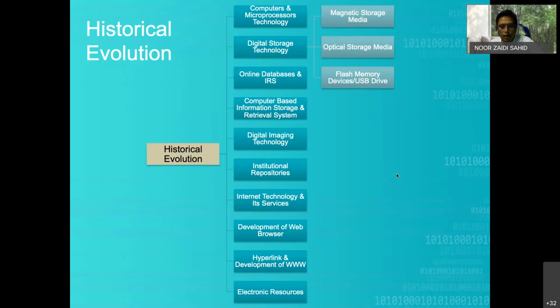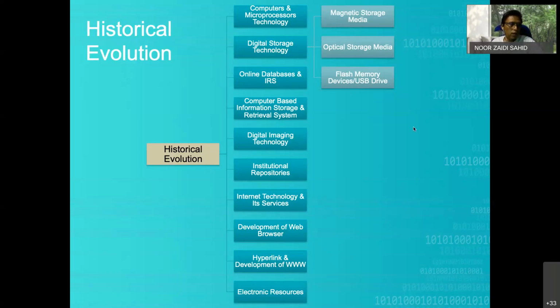But institutional repositories can be owned by corporate organizations as well. Institutional repository for business, institutional repository for government agencies. Each of these institutions has its own unique collections. For example, government agencies keep information such as legal documents, or invoices and bills.